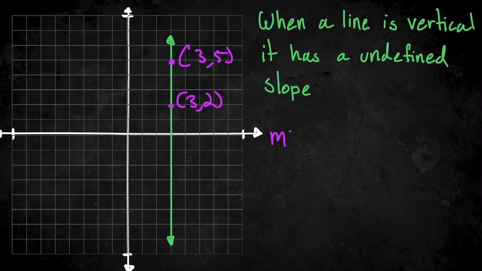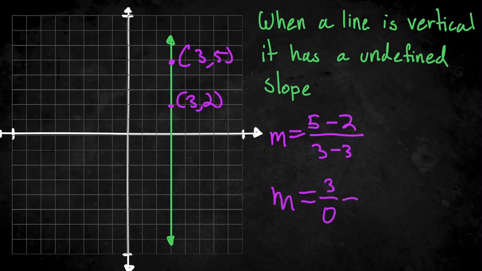So we have m equals 5 minus 2 over 3 minus 3. That means m equals 3 over 0, which is undefined. So this line does have an undefined slope.